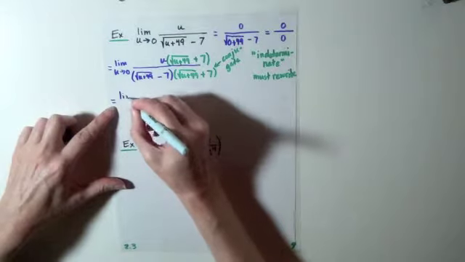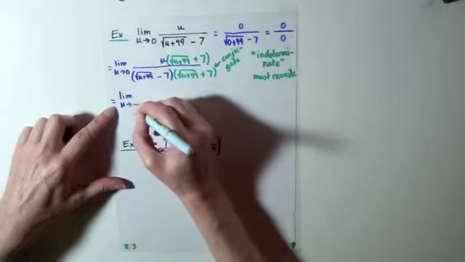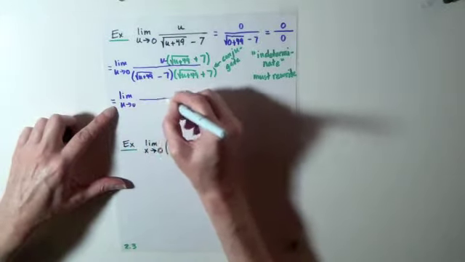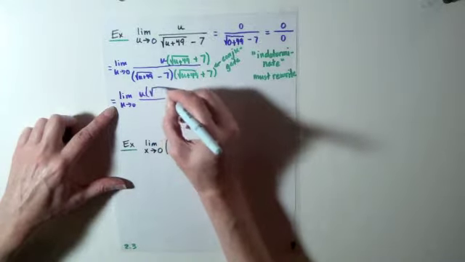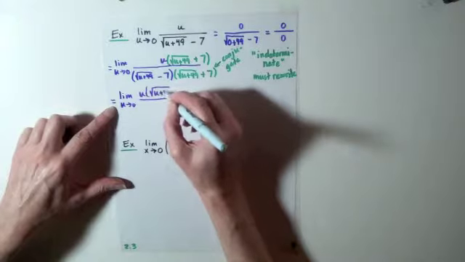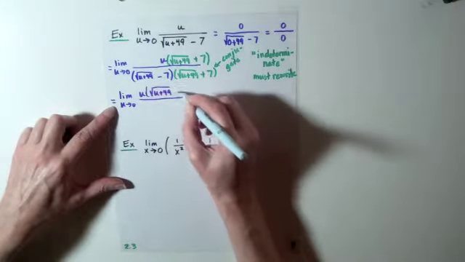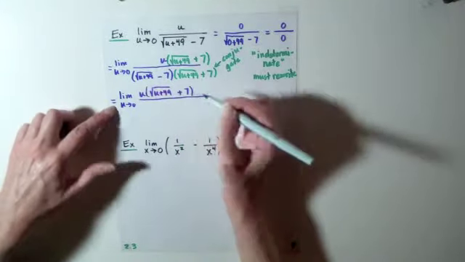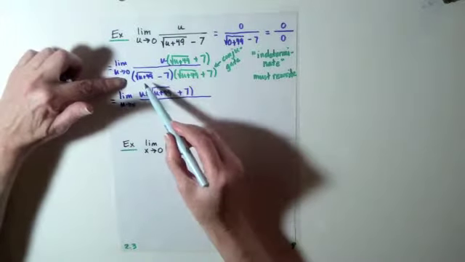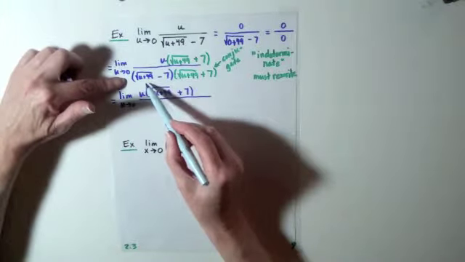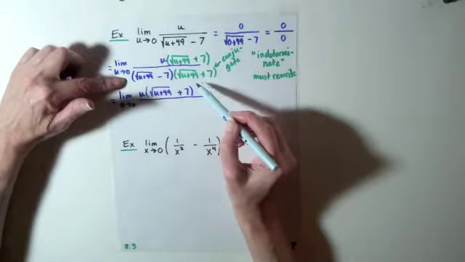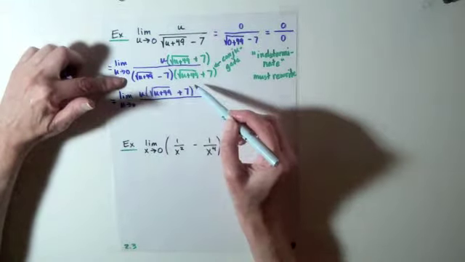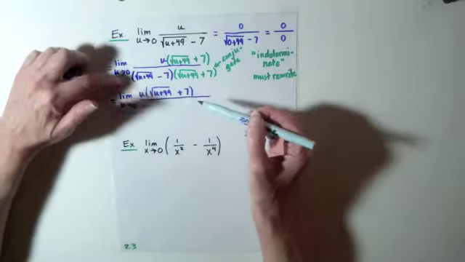I'm going to go ahead and leave the top as this sort of long mess, u times square root of u plus 49 plus 7. And in the bottom, I'm going to FOIL out. When I multiply square root of u plus 49 times another square root of u plus 49, square root of something times square root of that same thing is just that thing.